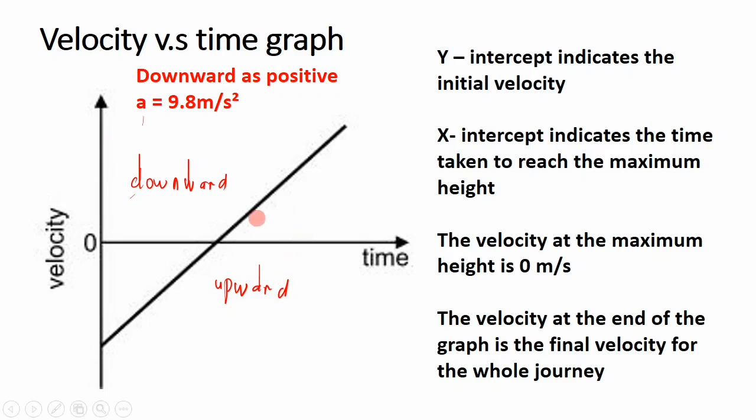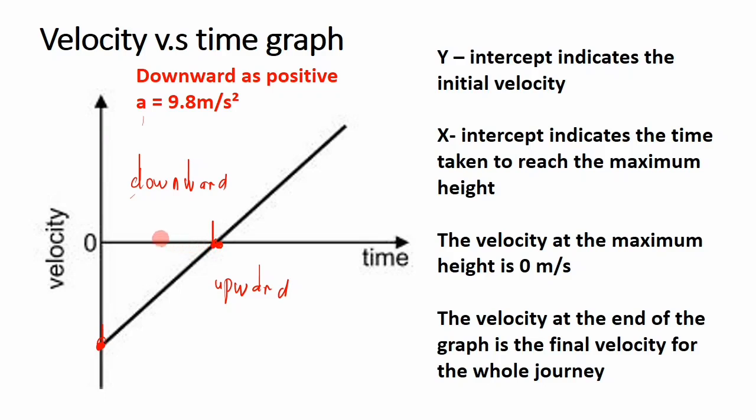So now let's understand what is going on. We know that the y-intercept, the velocity that you'll be given here, will be indicating the initial velocity of the object of interest that we'll be talking about. And then the x-intercept here will be indicating the time taken to reach the maximum height.